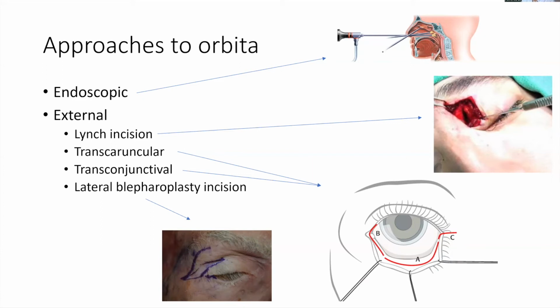So the Lynch incision, as you all know, is what ENT surgeons are usually trained in. If you're a rhinologist and you have good experience with the endoscopic approach, this might be feasible. But remember, we have had in the past quite a few patients where this hasn't been done properly and vision was affected.